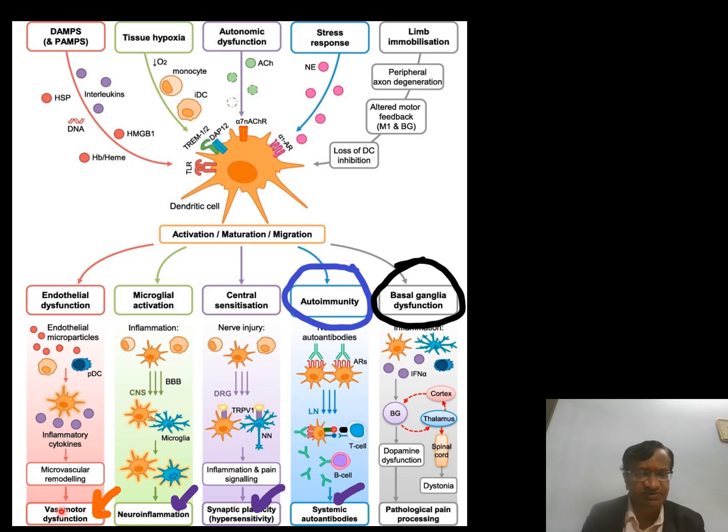Again, I am telling you, vasomotor dysfunction, neuroinflammation, synaptic plasticity. That is what I told, sensitization. Systemic autoantibodies, that is some inflammation. Pathological pain processing. All these things put together, certain patients go into CRPS.